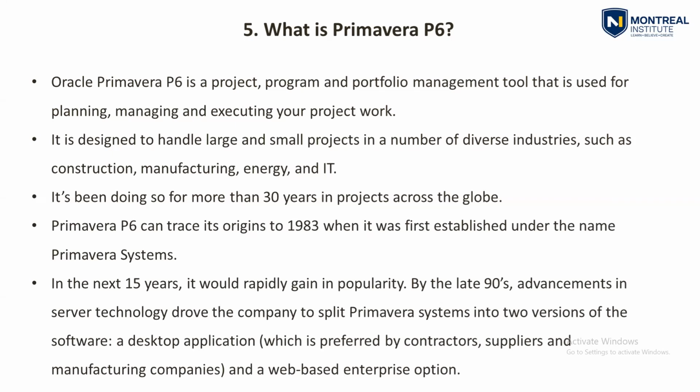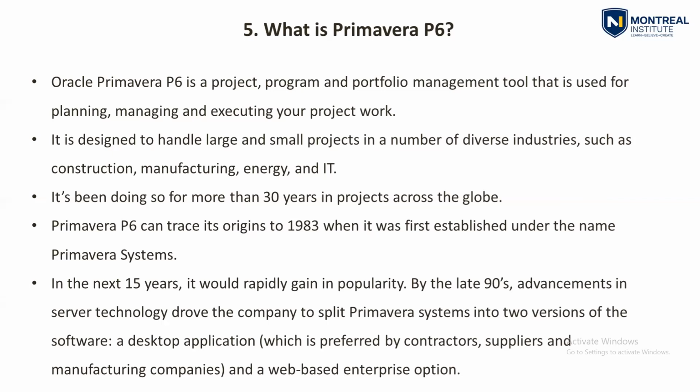Advancements in server technology drove the company to split Primavera Systems into two versions of the software. They divided into a desktop application, which is preferred by contractors, suppliers, and manufacturing companies, and the second one is the web-based enterprise option.